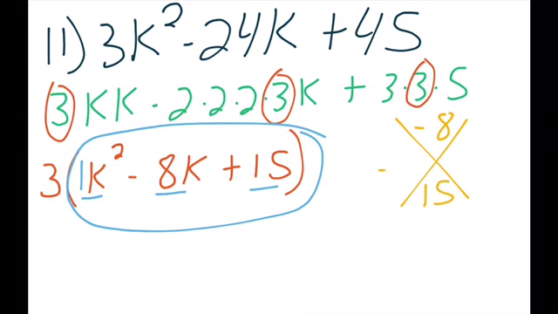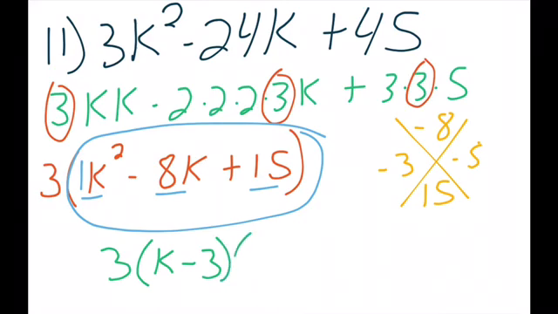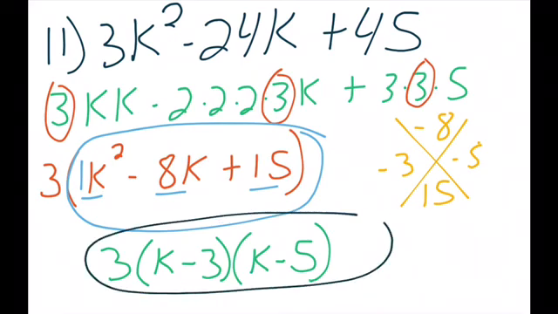Well, that is a -3 and a -5. So my final answer here is actually going to be 3 times the parentheses k subtract 3 times k subtract 5. And that's my final answer.